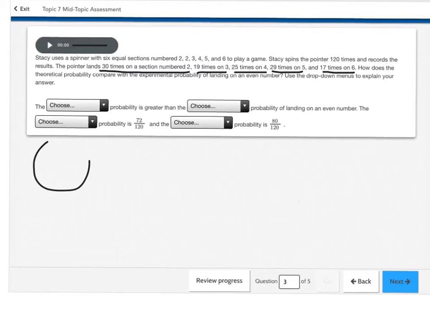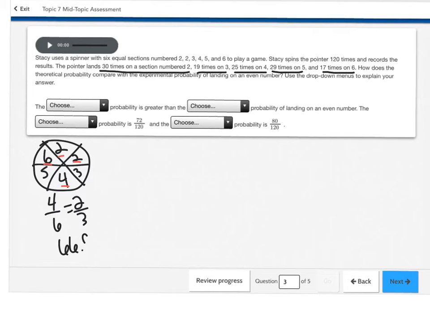For the even numbers, if we draw our spinner again, we had 2, 2, 3, 4, 5, and 6. Getting an even number, the options would have been 2, 2, 4, and 6. We already said that in the last problem. That's 4 out of 6, or 2/3, which was about 66.7%.